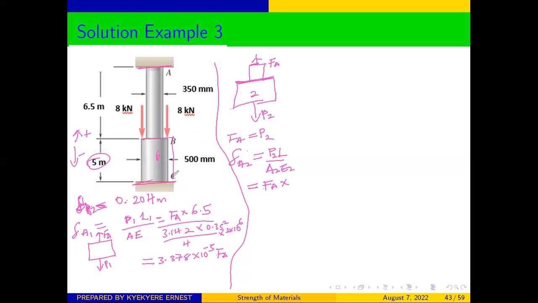So it's from this point to that point, which we are given as 5.5 over the area, which is 3.142 times the diameter, 500 millimeters, so it changes to meter, all on 4 times the modulus of elasticity, which is 2 times 10 to the power 6.